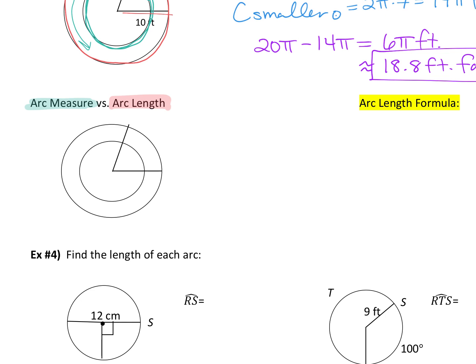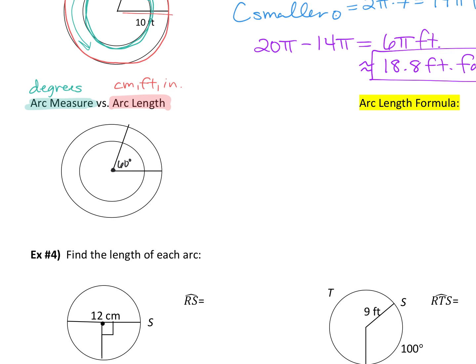When we talk about arc measure, we're talking about how many degrees an arc is. When we're talking about arc length, we're talking about how many centimeters or feet or inches an arc is. They're very different, so make sure you know the difference. For instance, let's say this is a 60-degree central angle. That angle is 60 degrees.